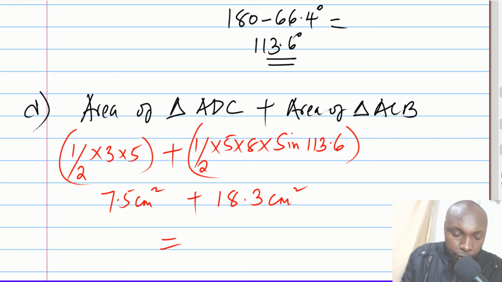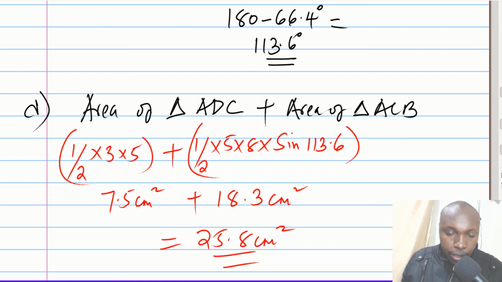So when you add 7.5 plus 18.3, you get 25.8 centimeters squared. And that is simply how you're supposed to solve that question. Thank you.